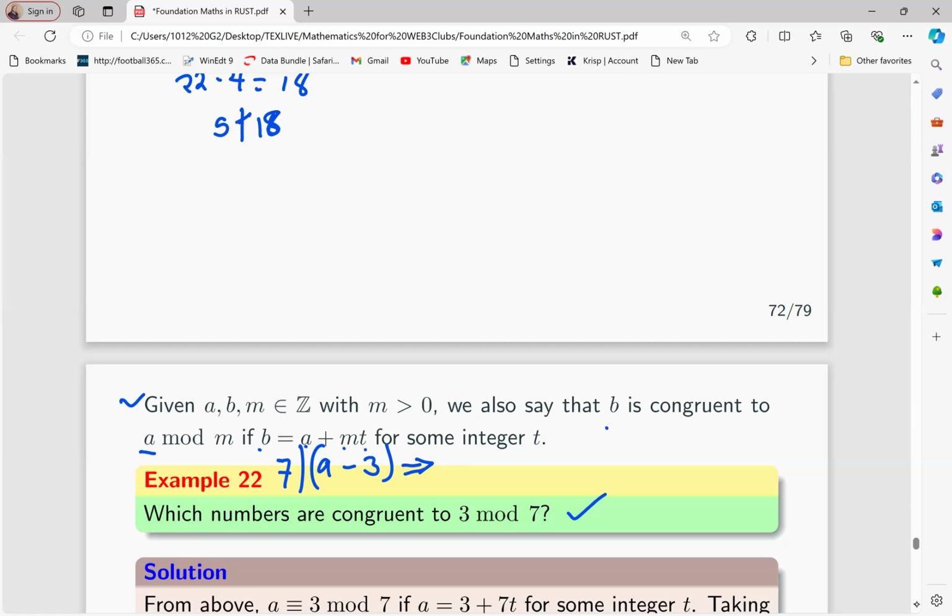For instance, a number that is congruent to 3 should be written in this form. Let me call this number b. So b should be the same as a, where a in this case is 3, plus m. M is our mod 7.